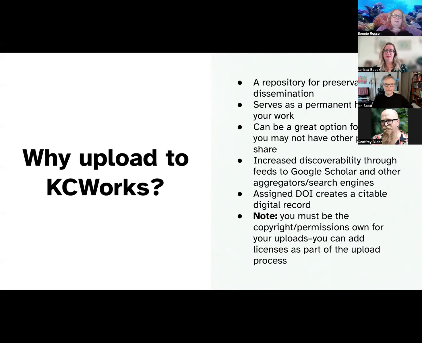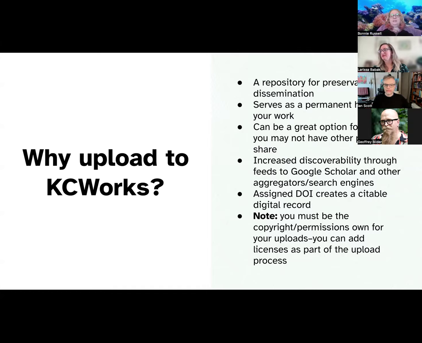There's increased discoverability. So when things get fed to all of the aggregators and search engines, they'll be found. And one of the things that people have a hard time with, especially in the scholarly publishing landscape, is findability. A DOI, so a digital object identifier, creates a citable record.